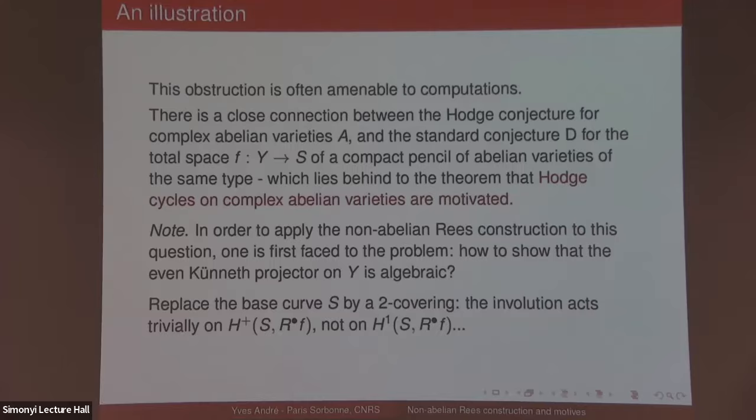A pencil means S has dimension 1, and compact means S is a projective smooth curve. So it's an abelian scheme over a projective smooth curve.